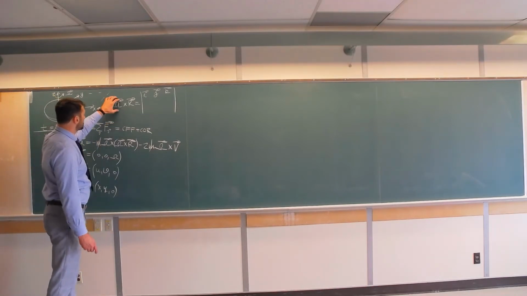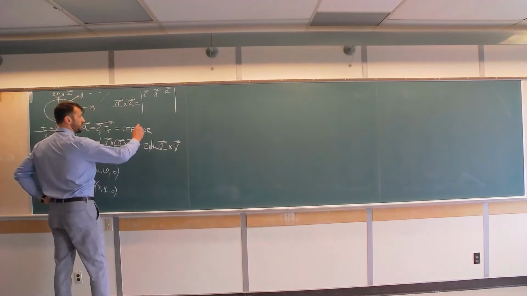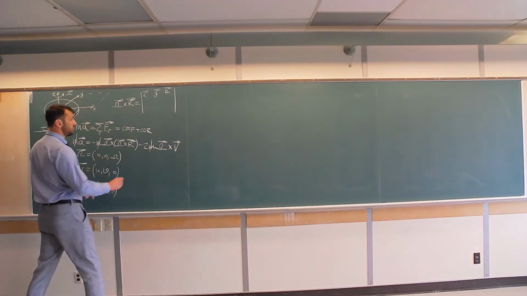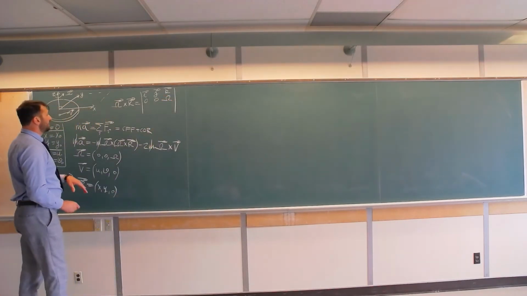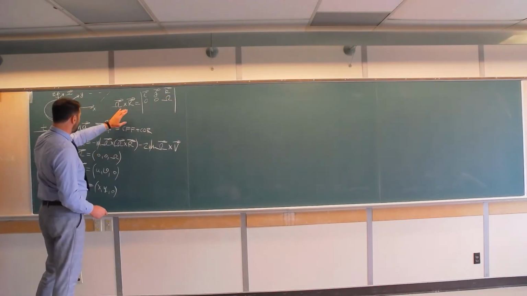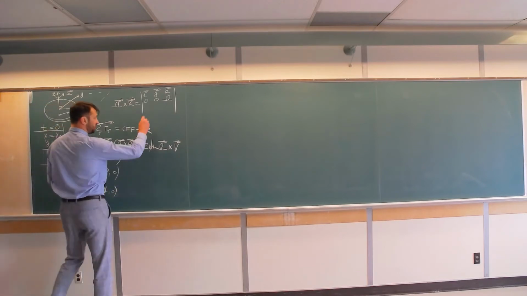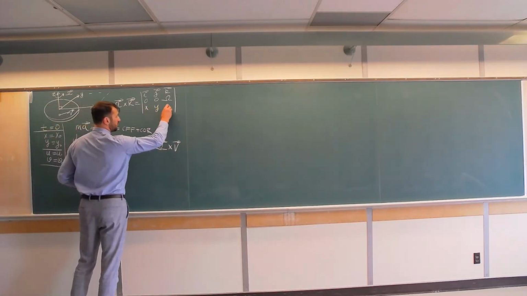The second row is the first vector in the cross product, and the components are 0, 0, omega. And the third row is the second vector in the cross product, and the components are x, y, and 0.